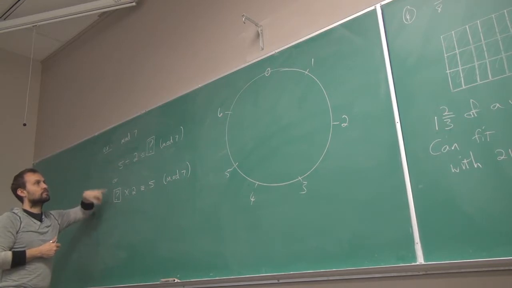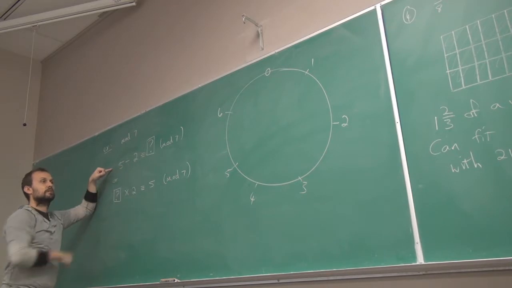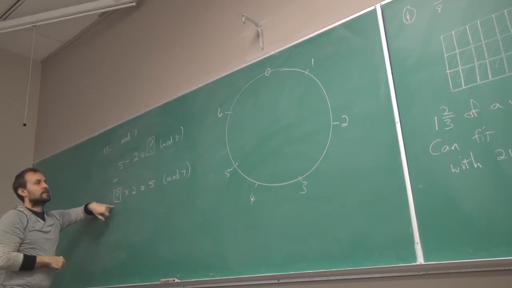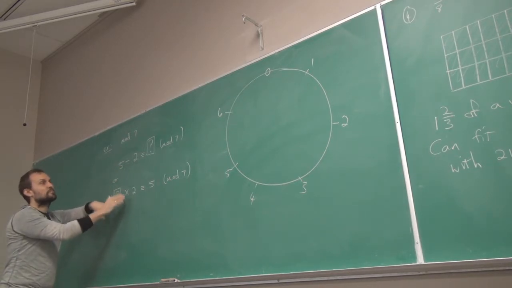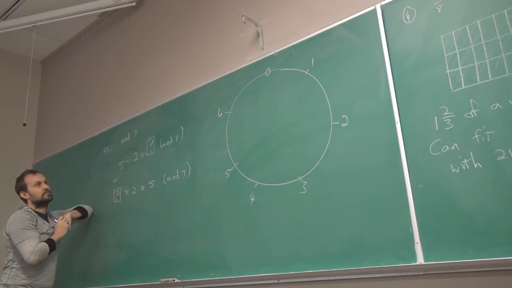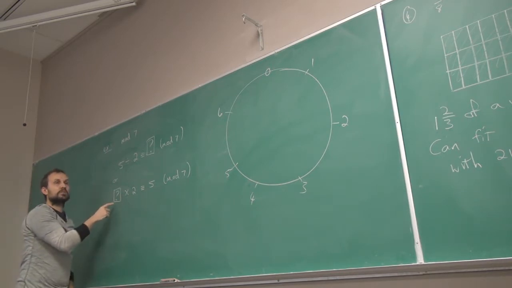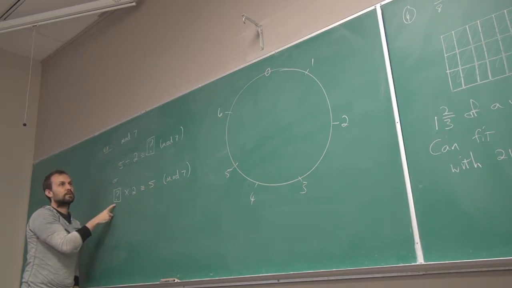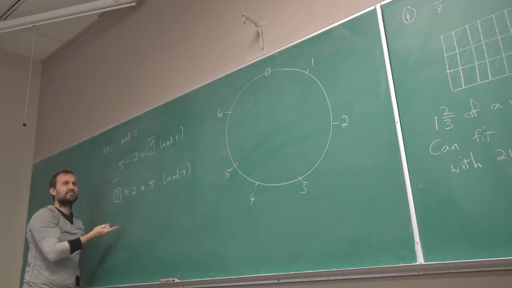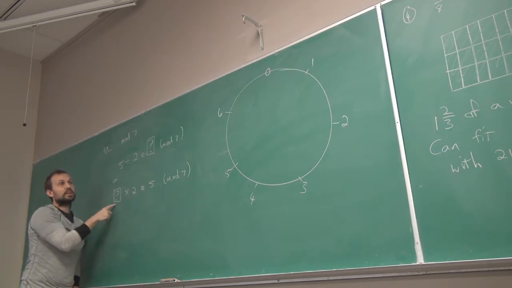This is the equivalent multiplication sentence of this division sentence. I just went backwards. But this is easier to figure out, because multiplication is easier. I can now just guess and check to see what number could be this one. Can it be 1? Why not? Because 1 times 2 is not 5. It's 2. Can it be 2?